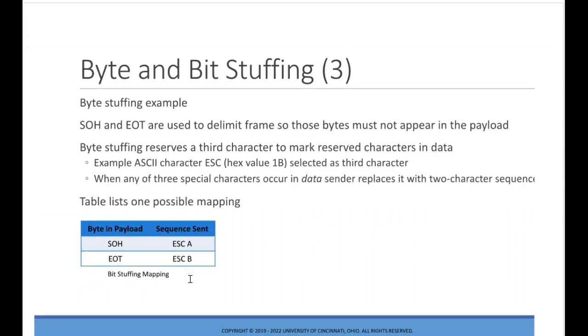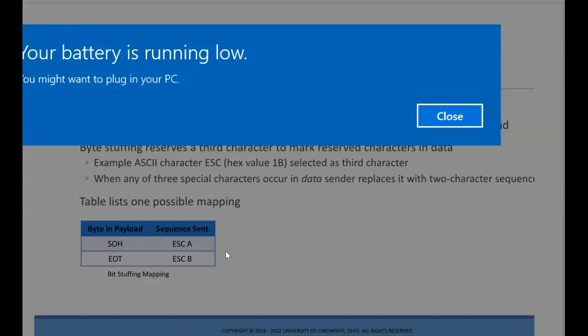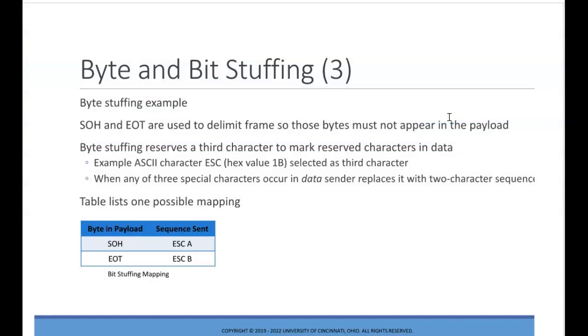As an example of byte stuffing, consider a frame as illustrated in the table. Because SOH and EOT are used to delimit the frame, those 2 bytes must not appear in the payload. Byte stuffing reserves a third character to mark occurrences of reserved characters in the data. For example, suppose the ASCII character ESC, which has a hex value of 1B, has been selected as the third character. When any of the 3 special characters occur in the data, the sender replaces the character with a 2-character sequence.